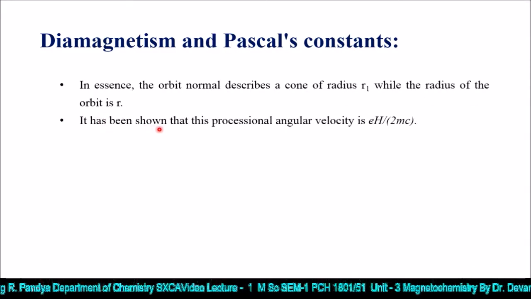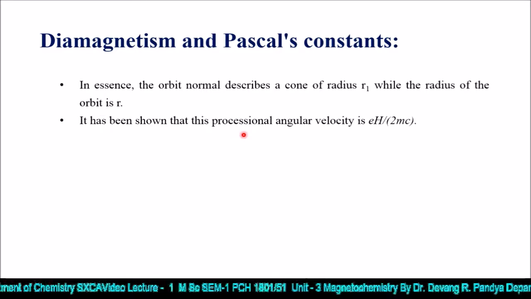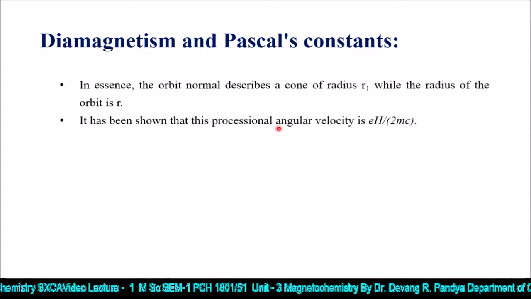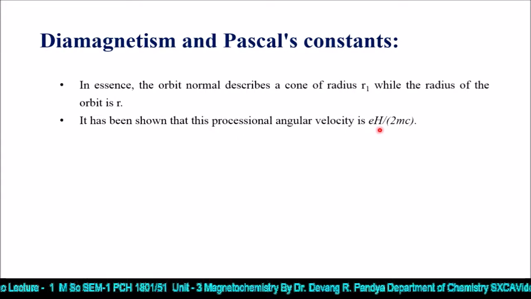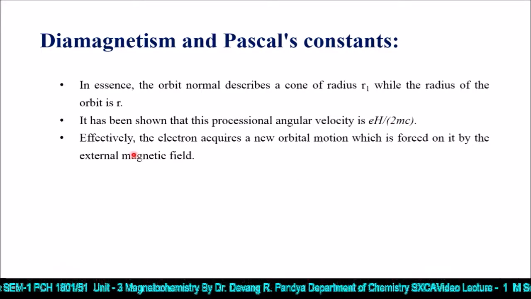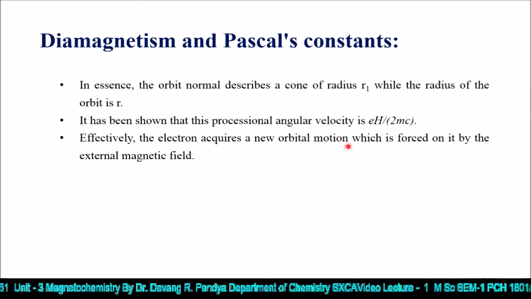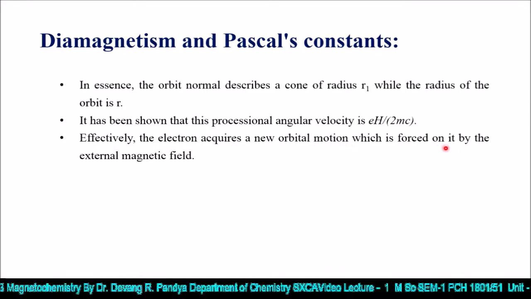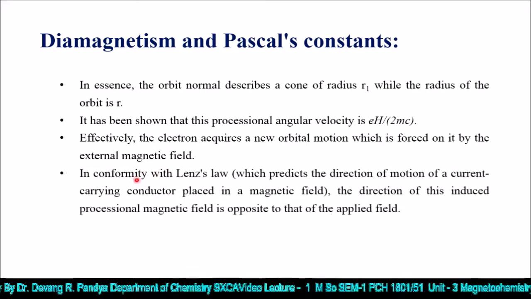It has been shown that this precessional movement from R to R1 has an angular velocity, and it is represented as eH by 2mc. Effectively, the electron acquires a new orbital motion which is forced on it by the external magnetic field.